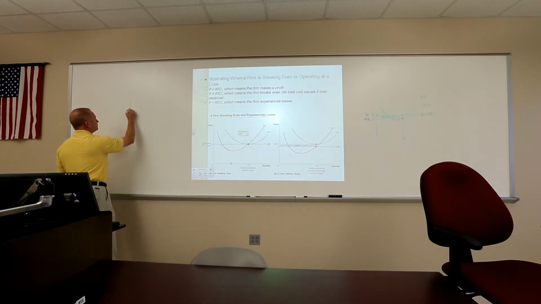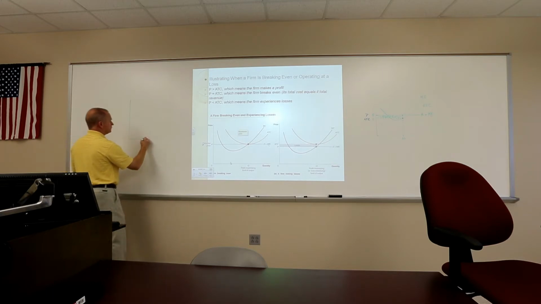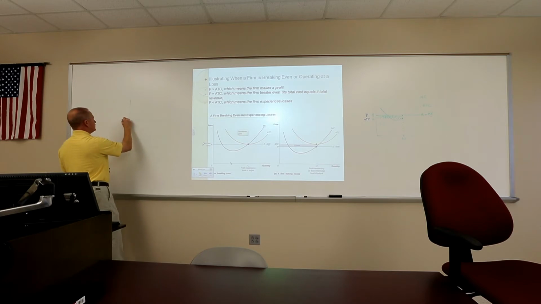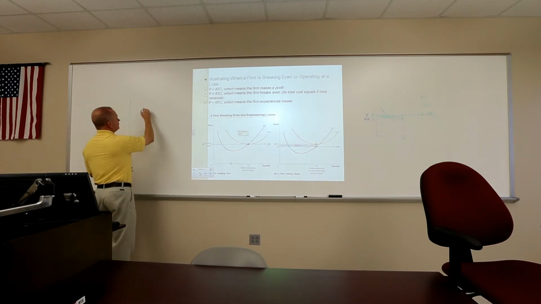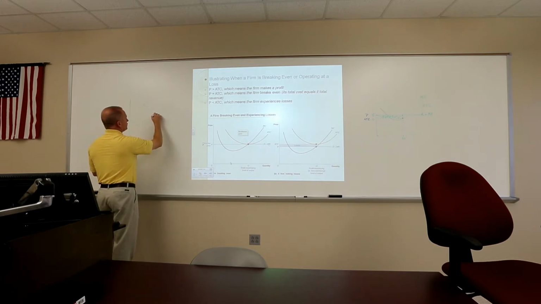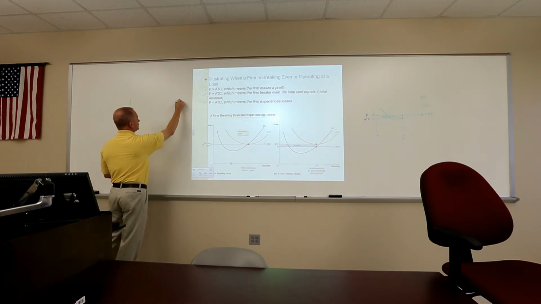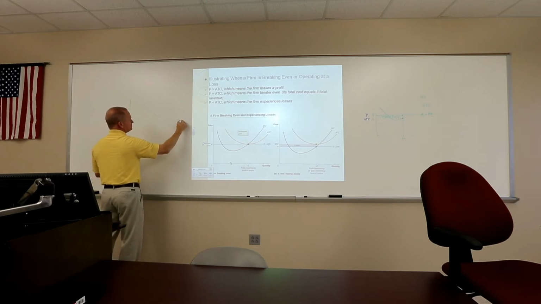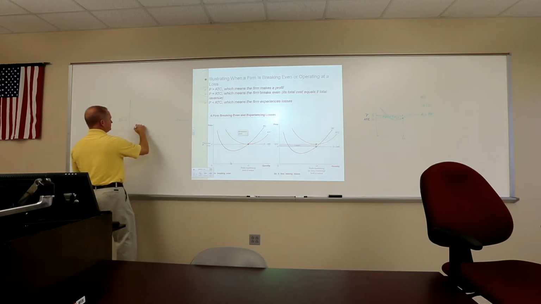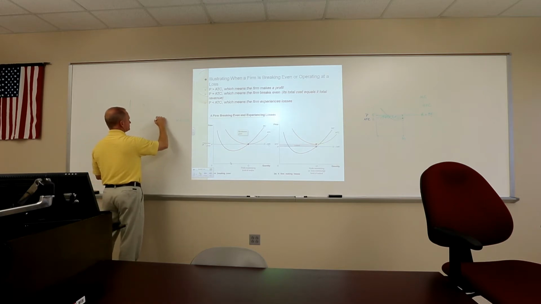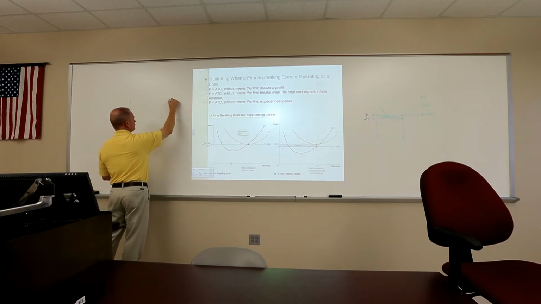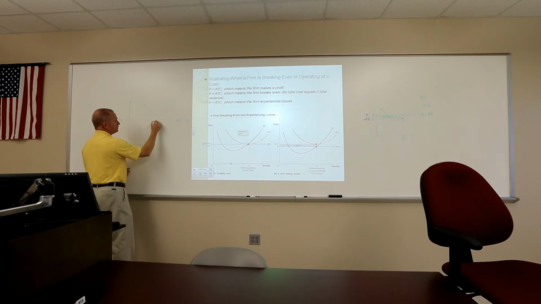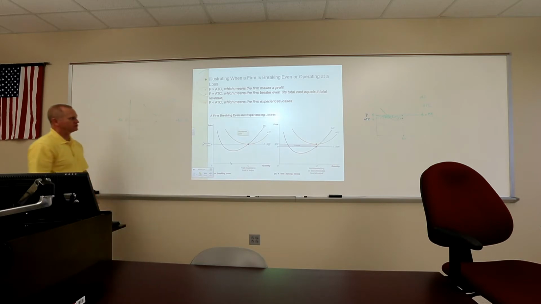If your price is, say, at $8, and your average total cost is something like this, your marginal cost is this. So here's where the two intersect: marginal revenue, marginal cost.